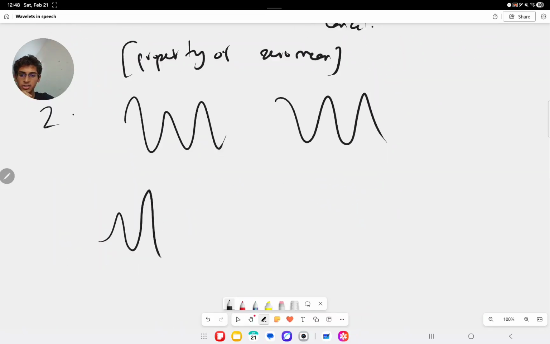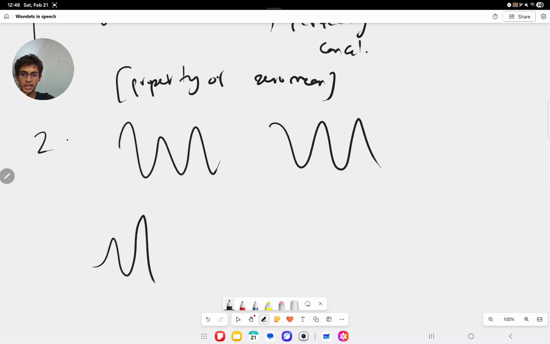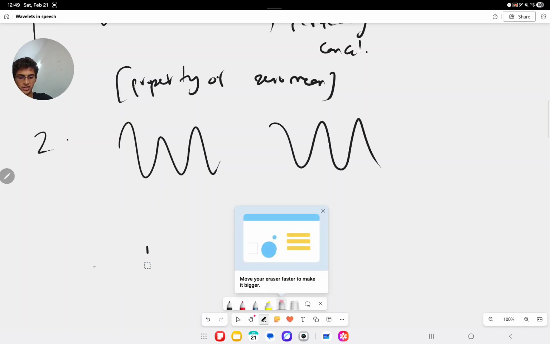Now why is it energy? Because the magnitude square represents our energy. Energy is not exactly a scalar quantity, but you can say it's a square of a magnitude. So it's going to be representing the energy, and because it's less than infinity, it must be finite.